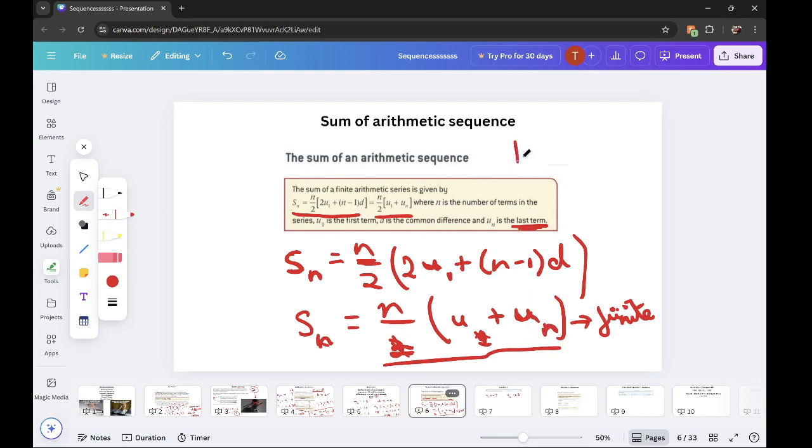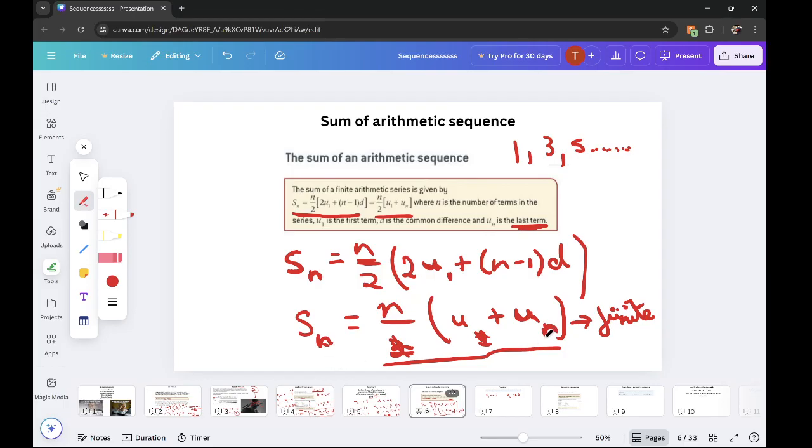So let's say you have another arithmetic sequence, it goes up in 2's once again, and it's infinite, represented by ellipses. How are you going to use this formula to figure out what your last term is? If it gave a specified value for S of n, then it would be fine. But in this case, they haven't.